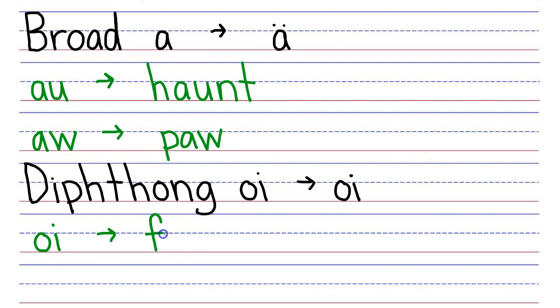F says F, OI says oi, and L says ul. And then we have OY. And this is 2-letter oi that may be used at the end of English words, as in toy. We have a T that says T, and an OY that says oi.